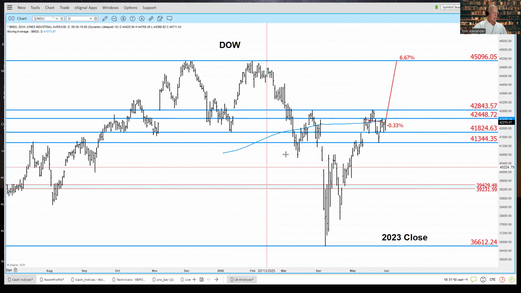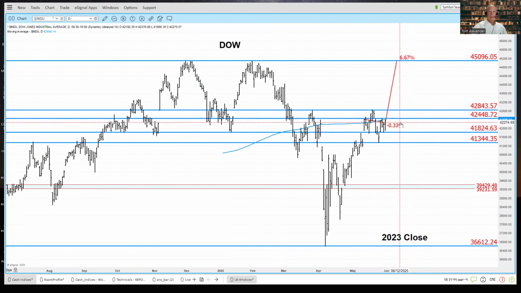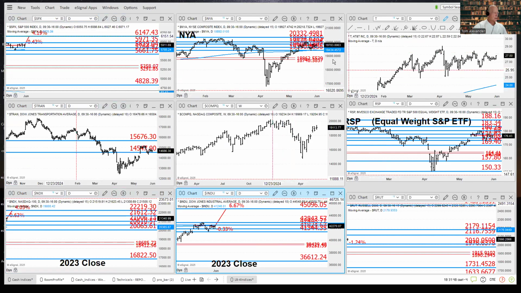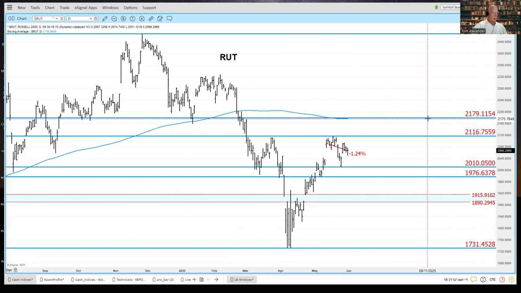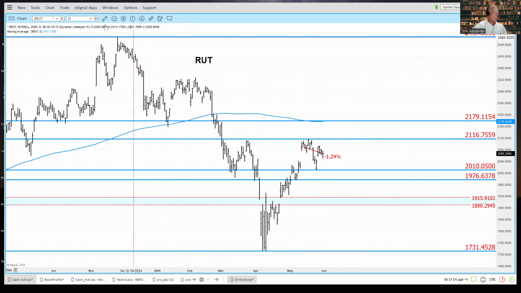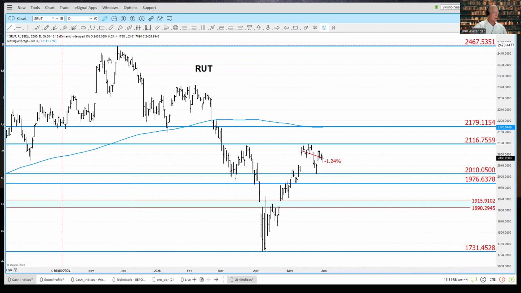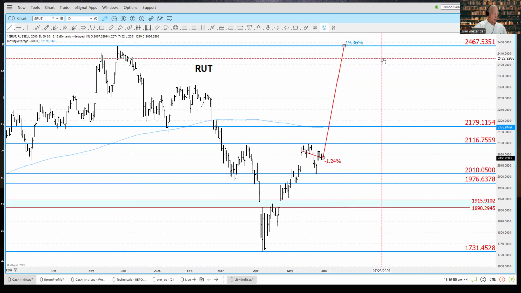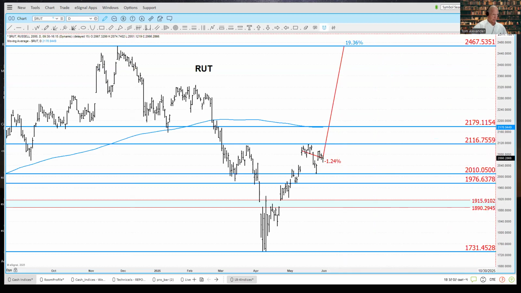Here's the Dow. The Dow's a little less than 7% from a new all-time high from Friday's close. And then the Russell, you can see the Russell is a long way from a new all-time high close, it would be almost 19%.